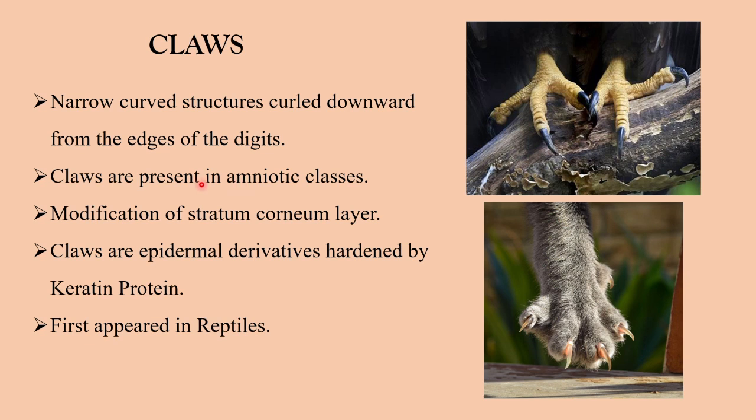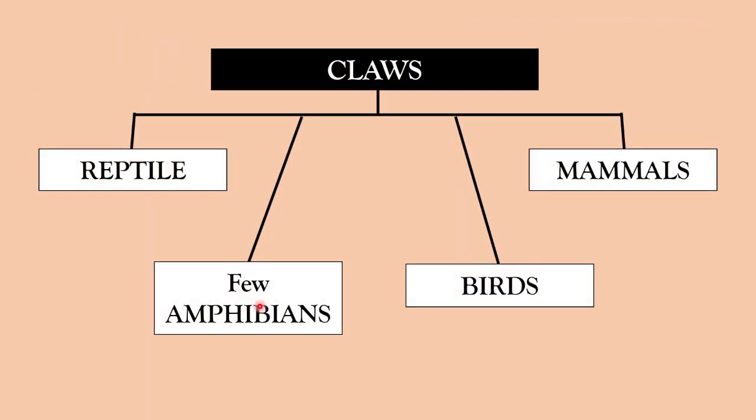These are modifications of the stratum corneum layer. Claws are epidermal derivatives hardened by the keratin protein, and they first appeared in class Reptilia. Claws are seen in reptiles, a few amphibians, birds as well as in mammals.